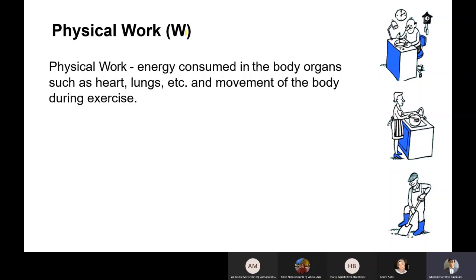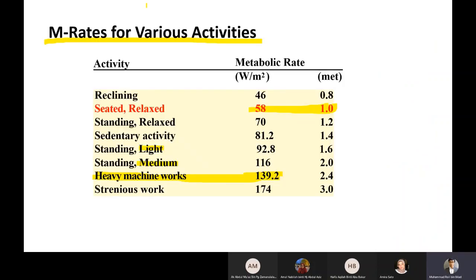Those all consume energy. Basically, if you don't do anything, this 1 MET is to maintain our body, to keep our cells alive.